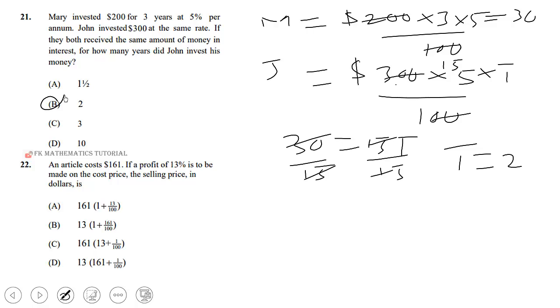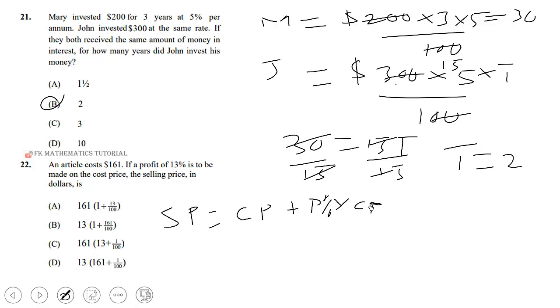So if a profit of 13% is to be made on the cost price, the selling price should be equal to cost price plus profit percent times the cost price.